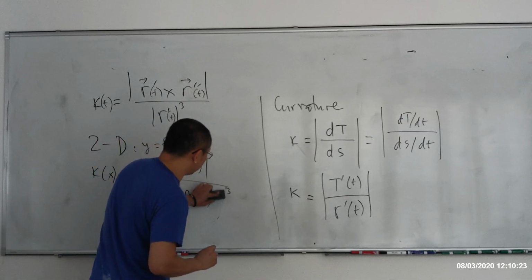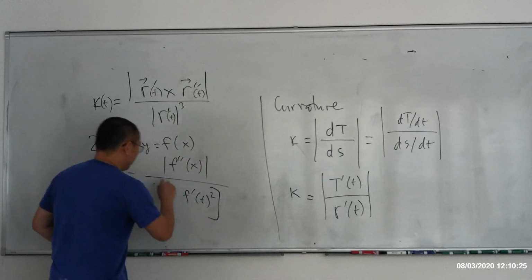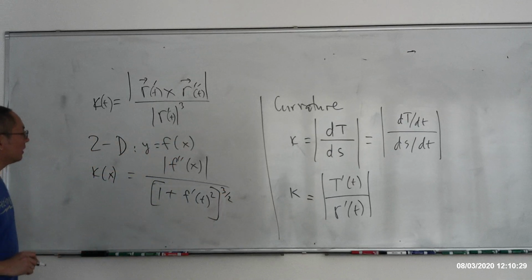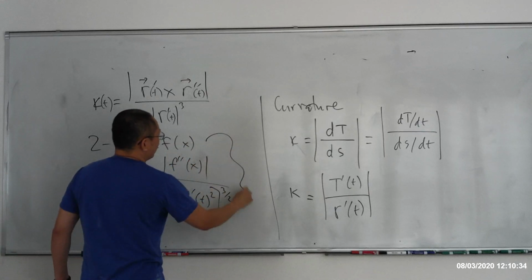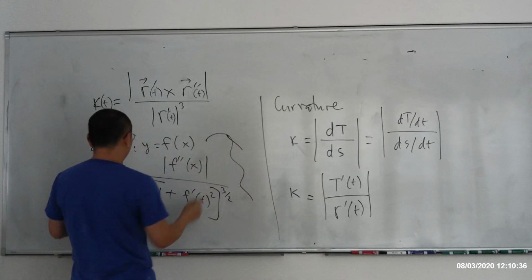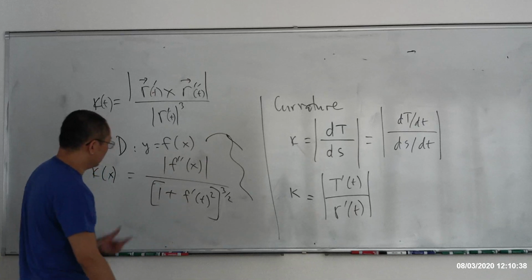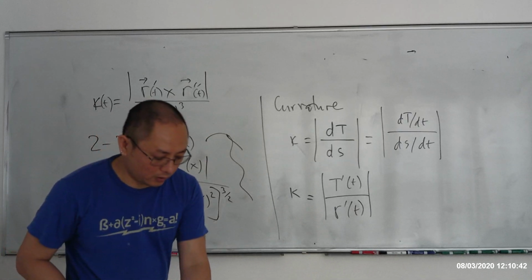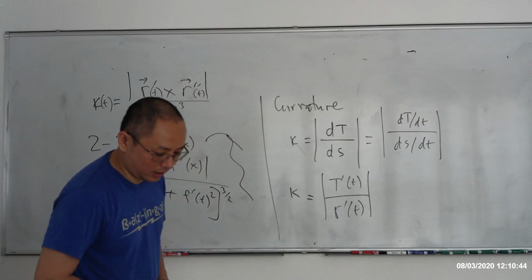Square root means 1/2, so everything raised to the power of 3/2. Same thing. You have a curve in two-dimensional space, and you want to calculate the curvature at the point x somewhere, apply this formula, and you would have the answer. The proofs of all those formulas are in the book, so please look them up by yourself.